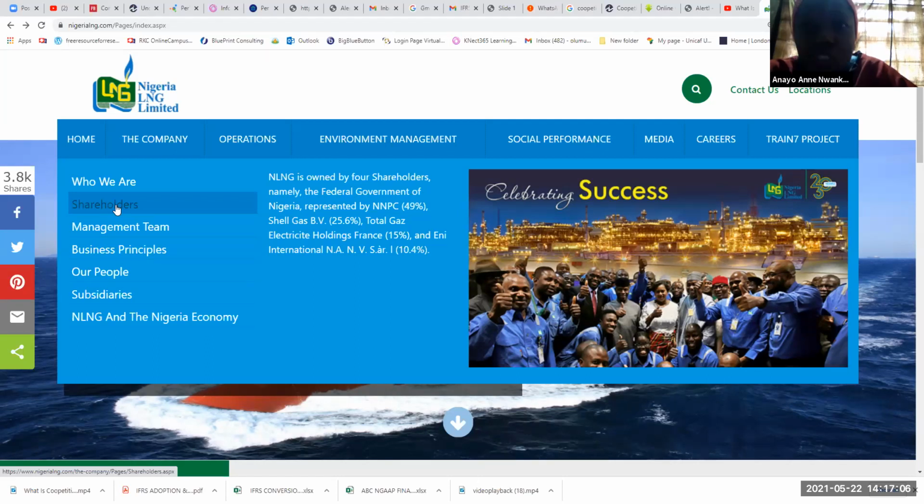NLNG is owned by four shareholders, namely the Federal Government of Nigeria, represented by NNPC, with 49%, Shell Gas BV with 25.6%, Total Gaz Electricité Holdings France with 15%, and Eni International NAOV with 10.4%.